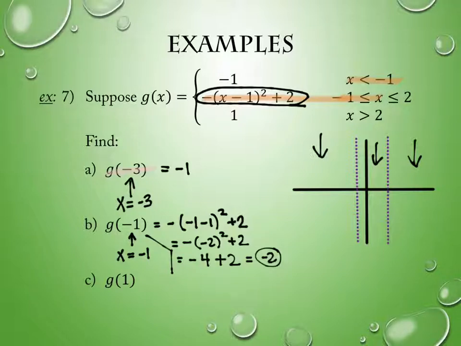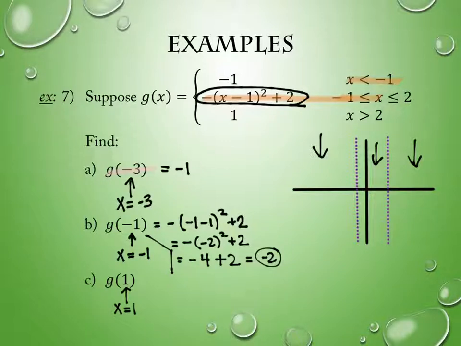All right, part C. This says that the x value is 1. Which line am I on if x is equal to 1? It's still the second one. How come, Megan?